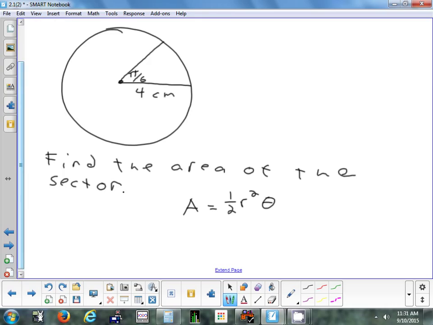Pi over 6. Or no, it's 4. Right. Pi over 6, that's going to be my angle, so my radius is 4, and then the angle is pi over 6. Should I have converted something before I wrote it down? No. Why not? It's already in radians.